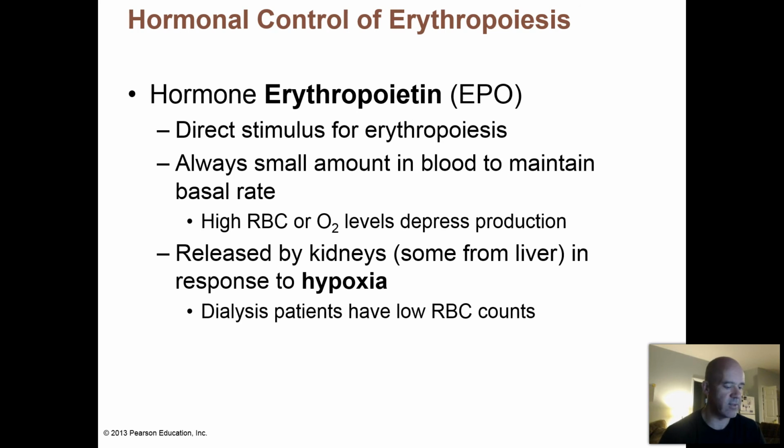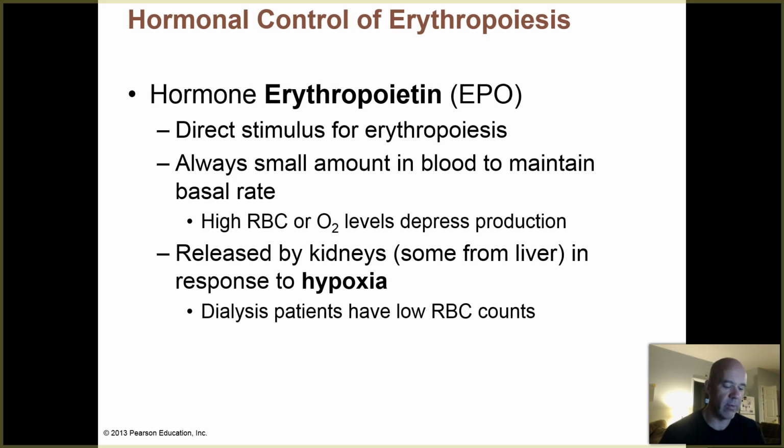All right, a little bit more about this hormone we said controls erythropoiesis. It's called EPO, or erythropoietin. You might have heard of this in the news because there's been some controversy about athletes taking this hormone as an illegal supplement to try to enhance their performance, and that is true. They do that at times.